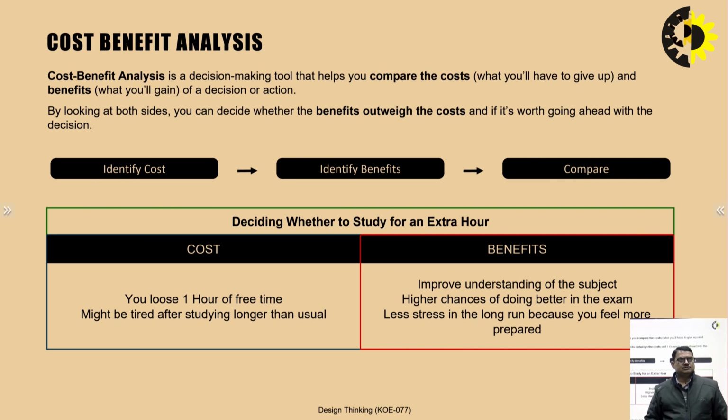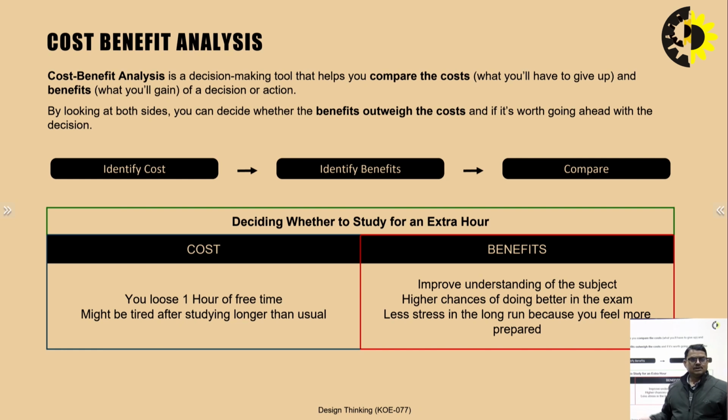By looking at both sides, we can easily decide. Whichever is outweighing, we need to get our solution as per that answer. It is a very simple process: identify the cost, identify the benefits, and compare both of them.